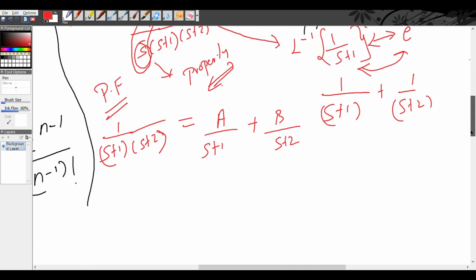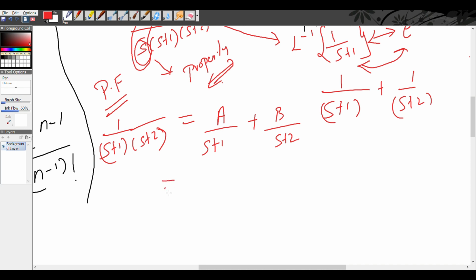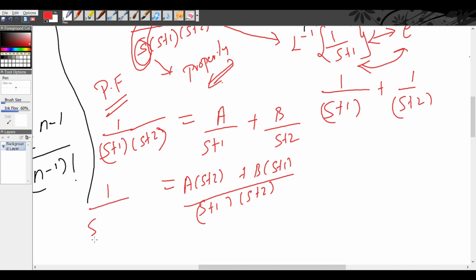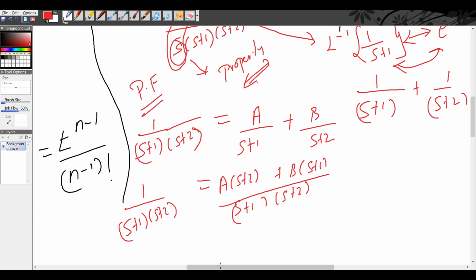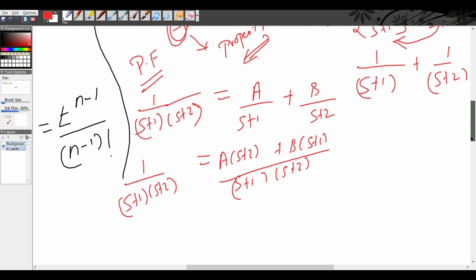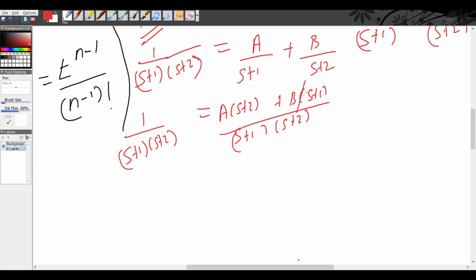Okay, so how will you write this? Take the LCM and all. A into s plus 2 plus b into s plus 1 over s plus 1 into s plus 2. Please do it on your own, please do not copy. Finally I will be equating this and that. How will you do that? Somehow we have to vanish a particular factor.